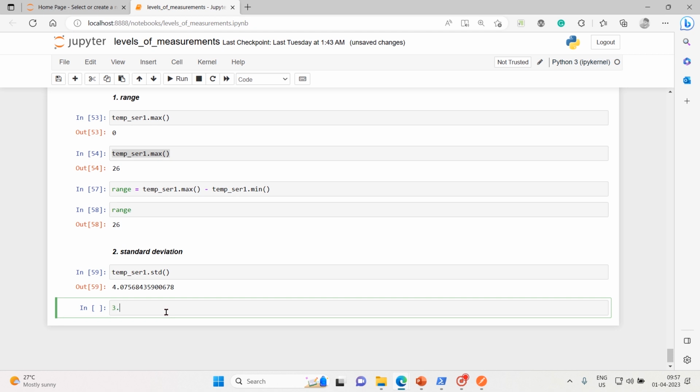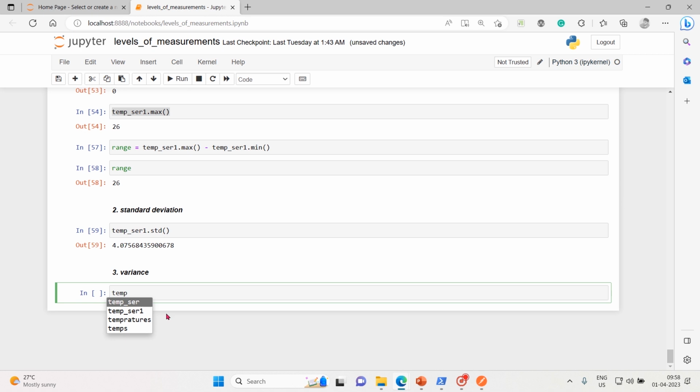Then we have our variance. So now let's also calculate the variance. All this will make you understand the data. Whatever we are doing so far, these are all descriptive statistics. In descriptive statistics, we call them a measure of variability.